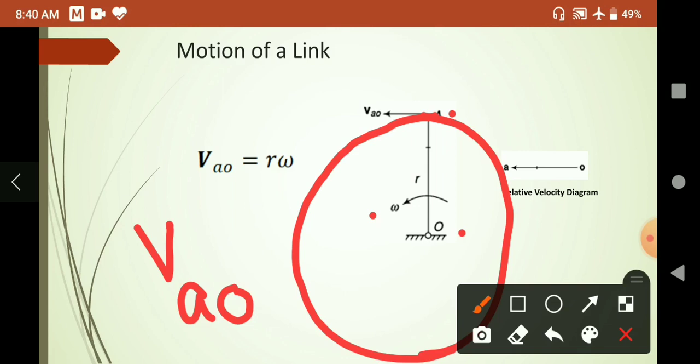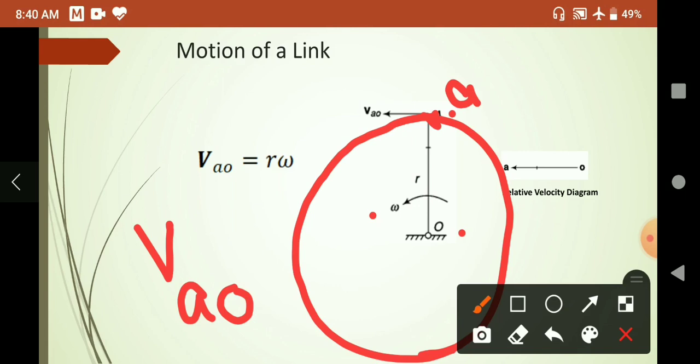When the particle A is at that particular instant, what will be the magnitude of the velocity?